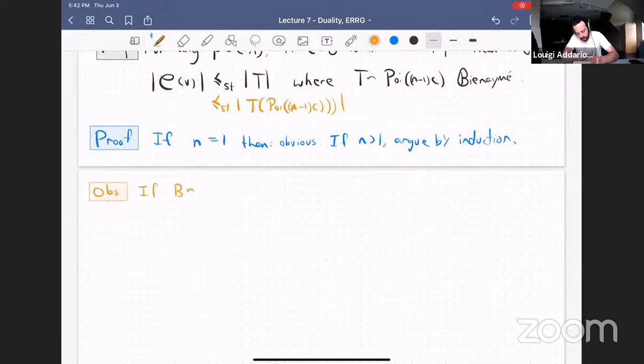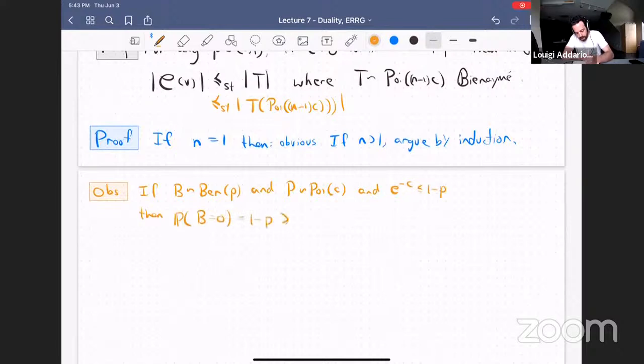If B is Bernoulli with success parameter p, and P is a Poisson random variable with mean c, and e to the minus c is at most 1 minus p, then the probability that B is 0, that's 1 minus p, is bigger than e to the minus c, which is the probability that P is 0.